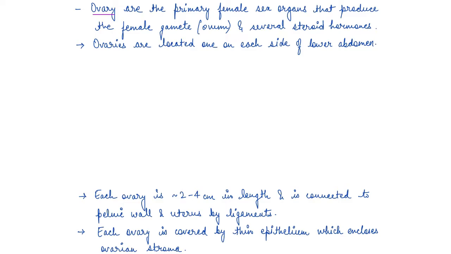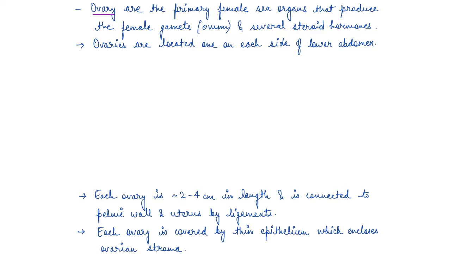Now, the ovaries again are in pair like the testis, and they are located one on each side of the lower abdomen. Each ovary is about 2 to 4 centimeter in length, I'm talking about adults, and it is connected to the pelvic wall and uterus by a few ligaments.